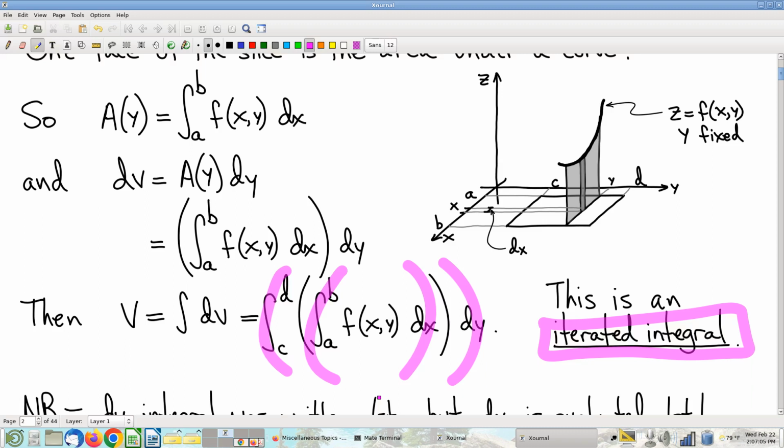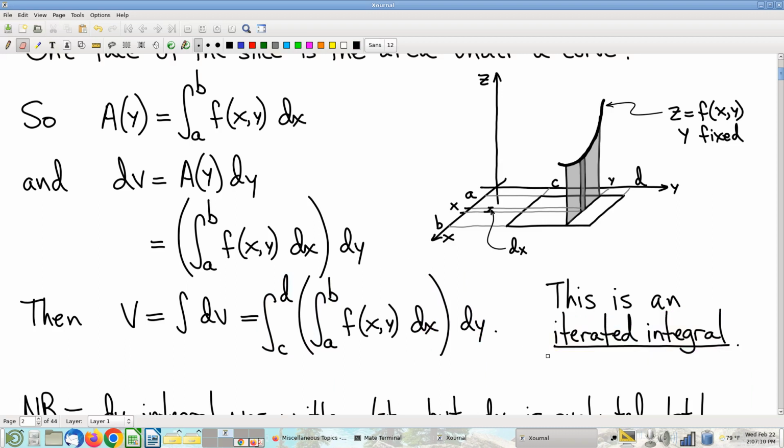My quibble, and this is just me being grumpy, is that we're not actually doing the same thing twice. We're doing two different things. We're doing an x integral followed by a y integral. I'm not really repeating the same process twice. So I don't really prefer this term. I like the term nested integral because it truly is an integral sitting inside of another integral.